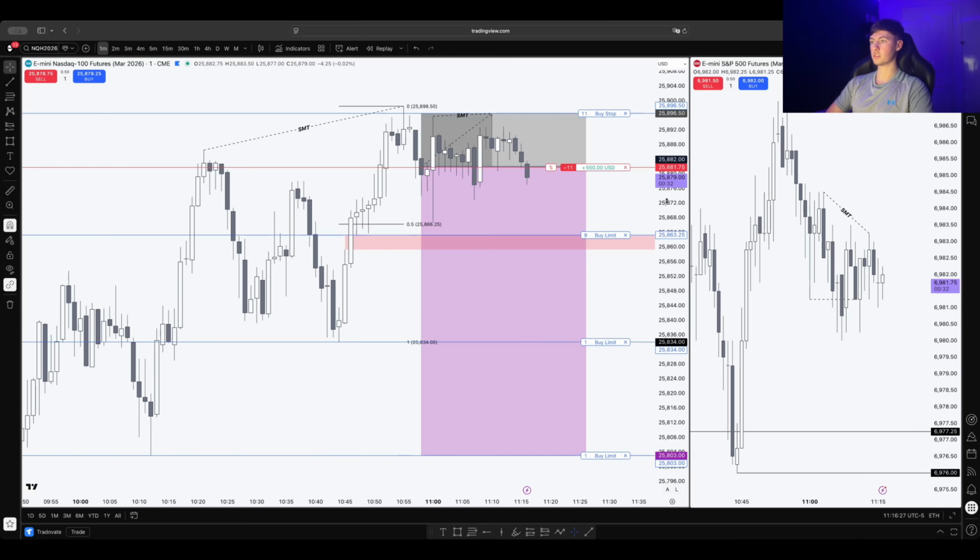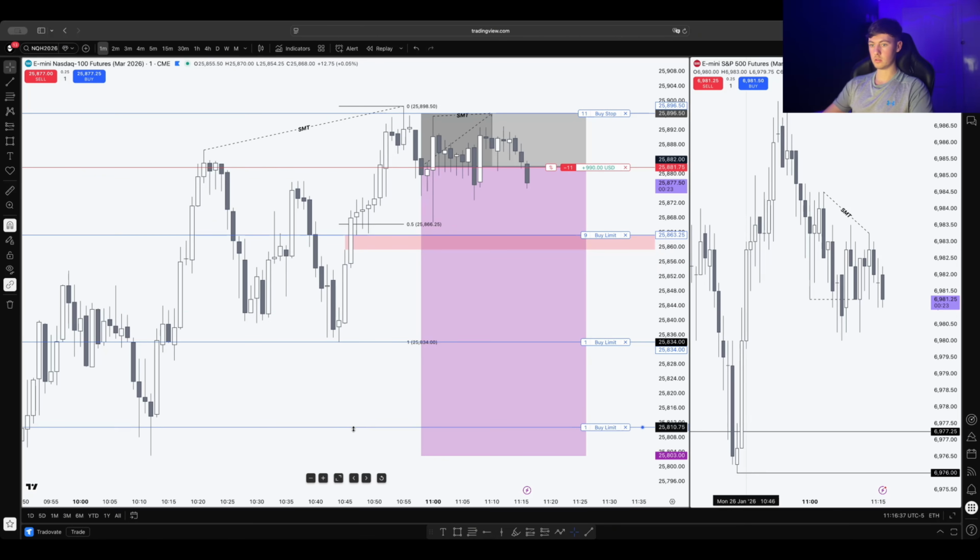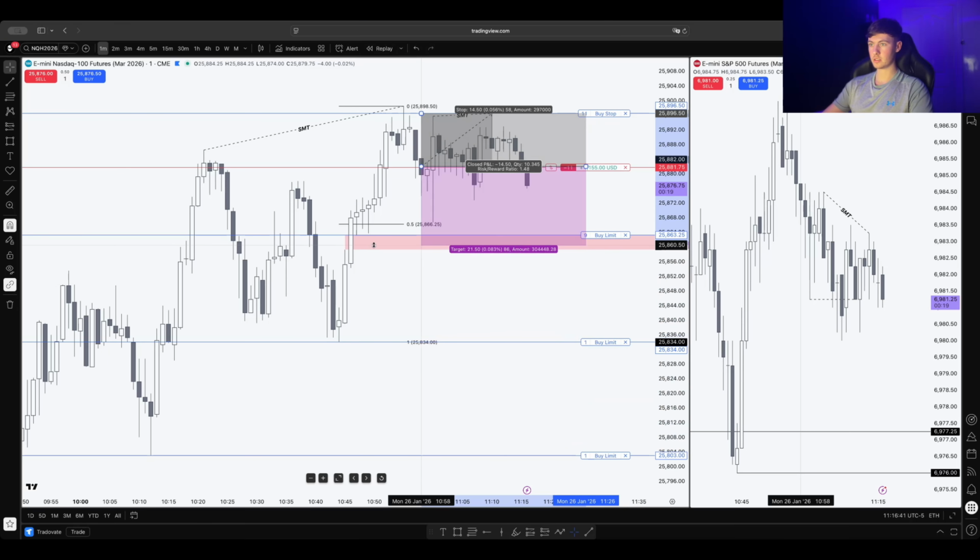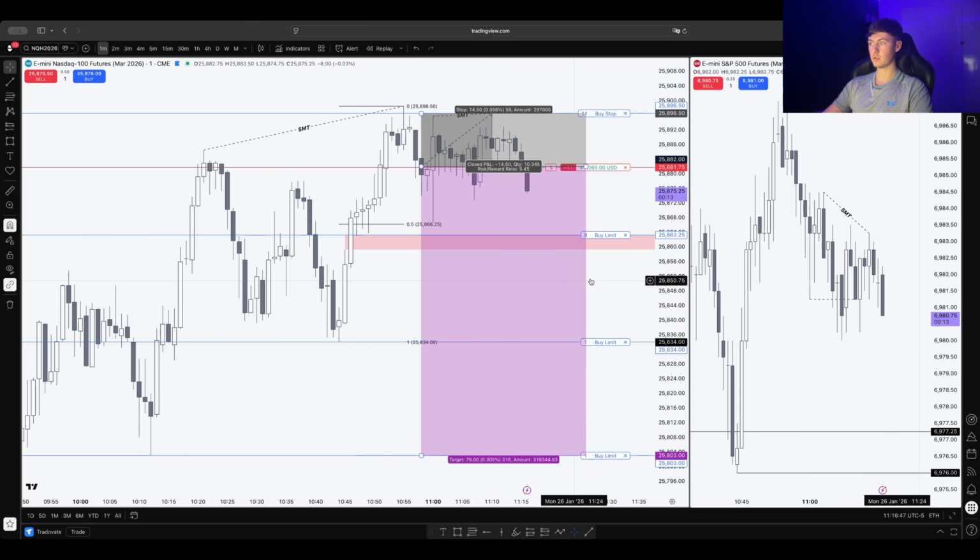So let's see if we can start the dump now. Starting to get down closed candles, which is nice to see. TP1 rests around 1.29 risk to reward. So decent.